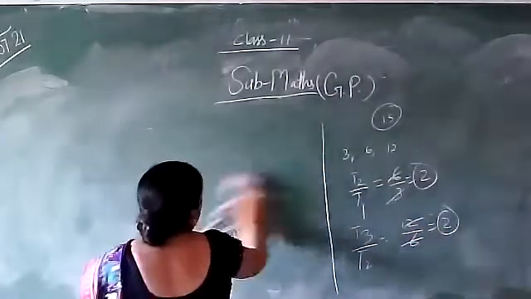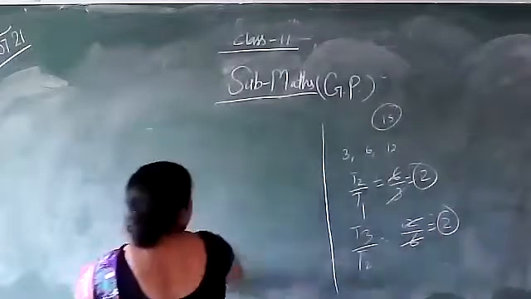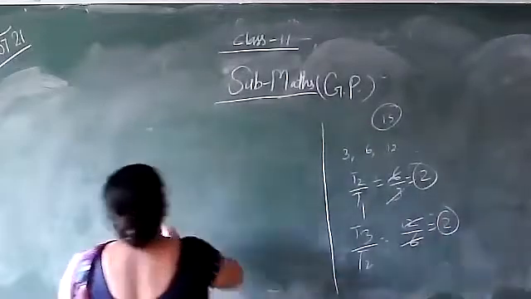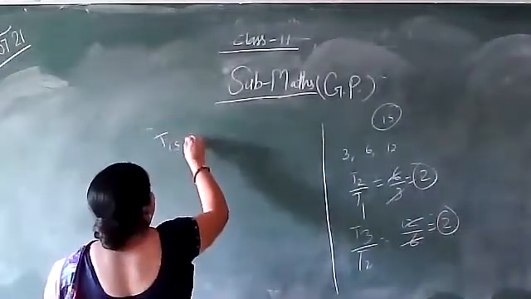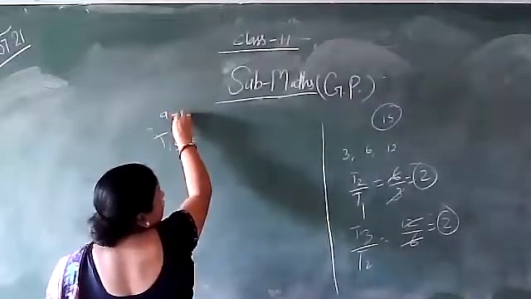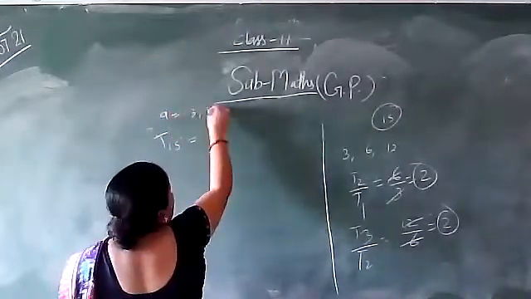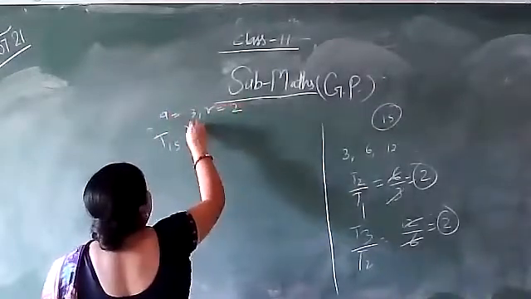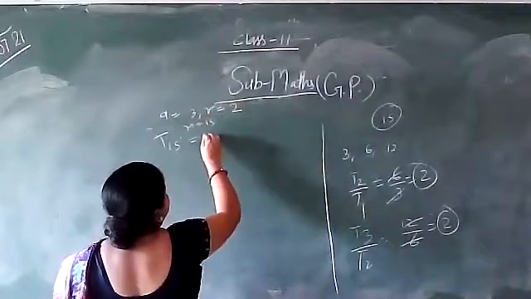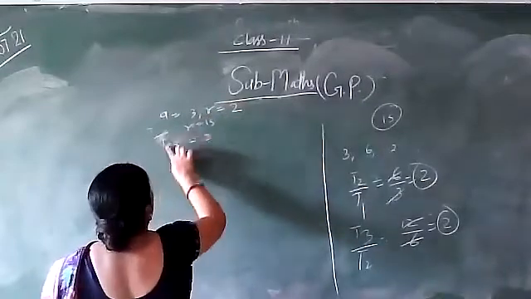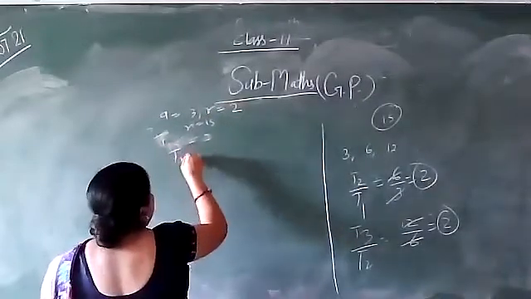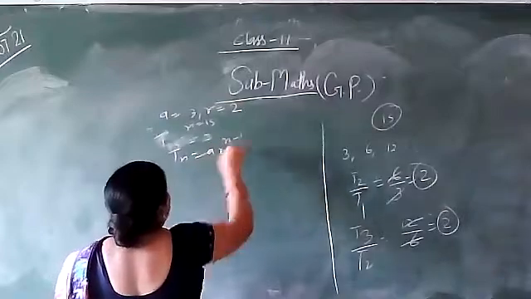Now we find the 15th term of the GP. I write here T15 equal to, here A equal to 3, R equal to 2, n equal to 15. I write the general formula, Tn equal to A R to the power n minus 1.